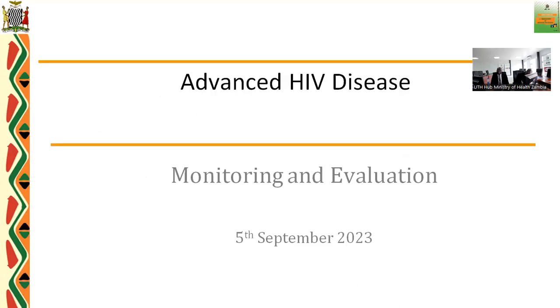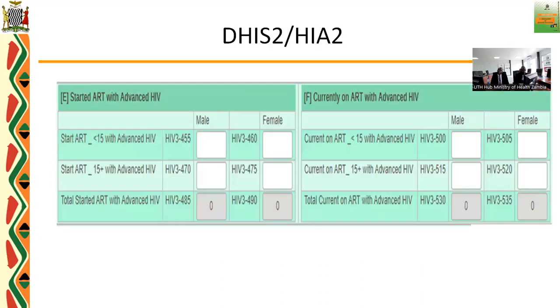So AHD monitoring has been a challenge. Next slide. I just wanted to give you an update on where we are. We do have indicators for AHD in the HMIS. These are the indicators: started ART with AHD, currently on ART with AHD. We expect this to be filled and disaggregated by age.